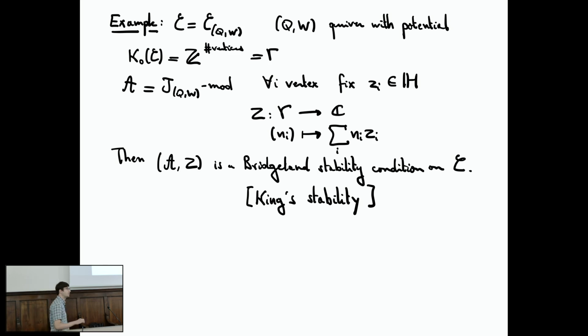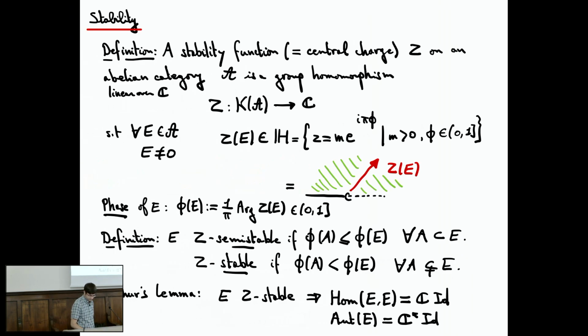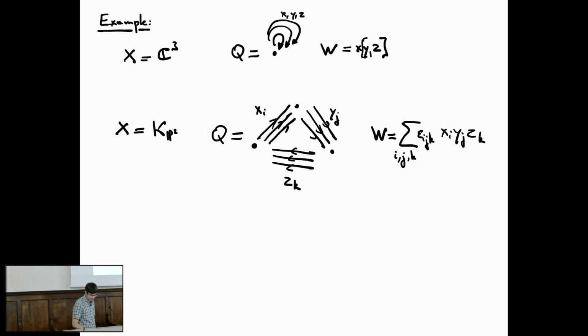It's only known in a few examples, and typically there will be stability conditions which are not of this form. For example, here the heart is given by the standard heart, but maybe there are other Bridgeland stability conditions for which the heart is different. Probably later, maybe not today, I will come back to this example.